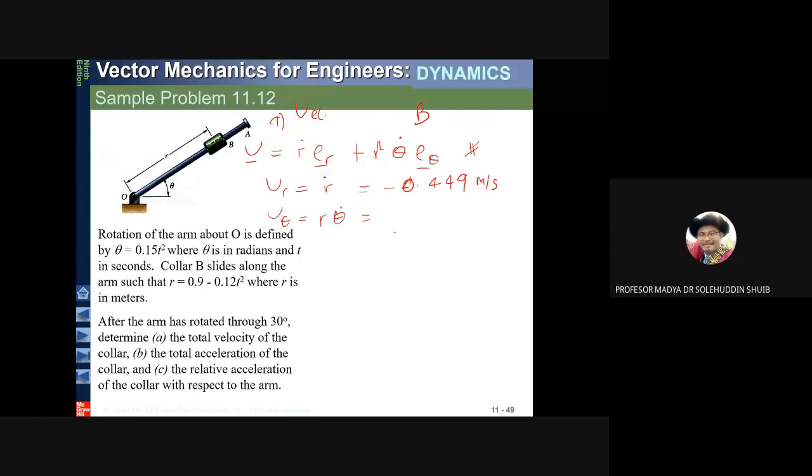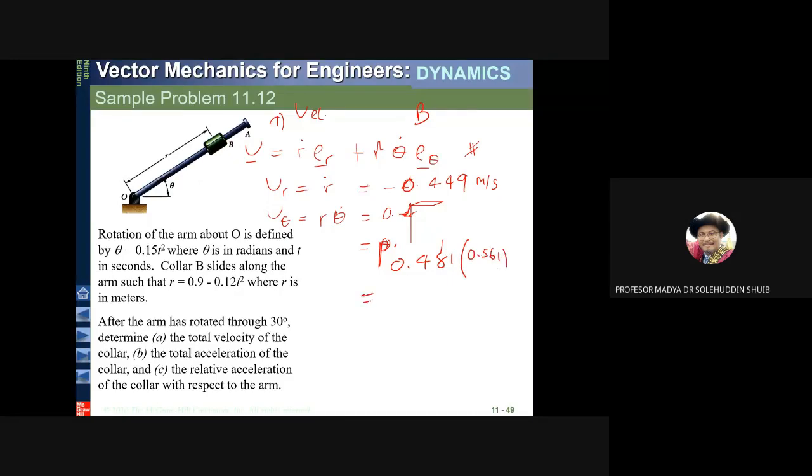And then for V transverse, which is r theta dot, you get 0.481 multiplied by 0.561.